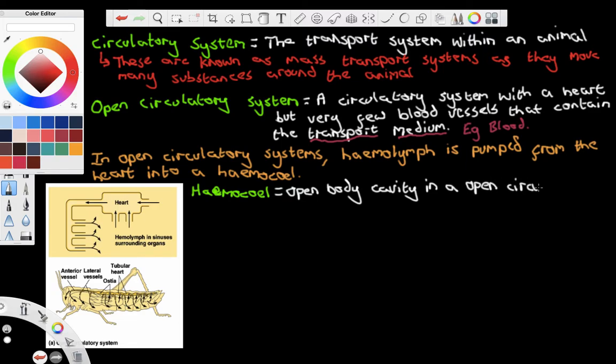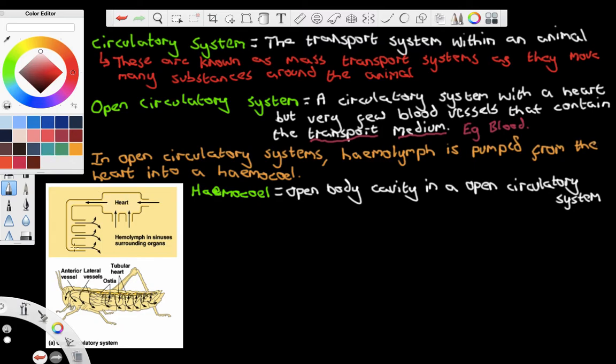So the haemocoel is just the open cavity inside the organism. Imagine if you didn't have any blood vessels and your blood was just sloshing about inside your body. The open cavity where the blood is found would be known as the haemocoel.